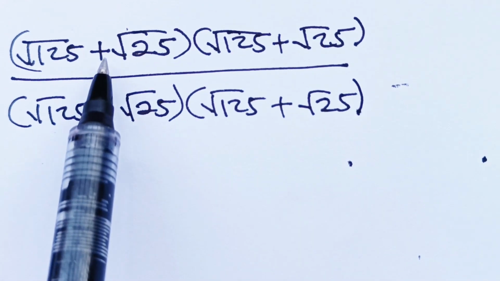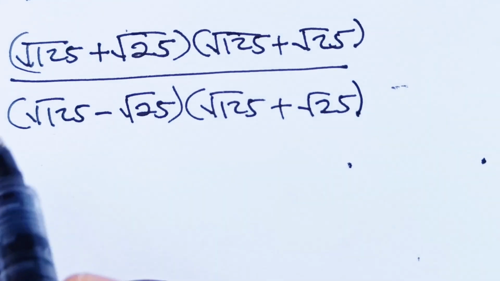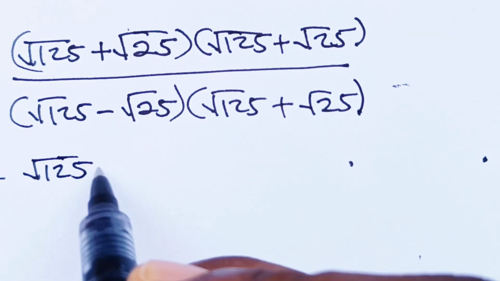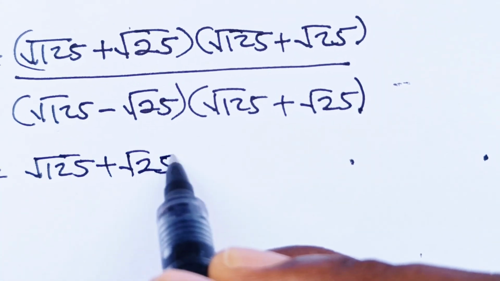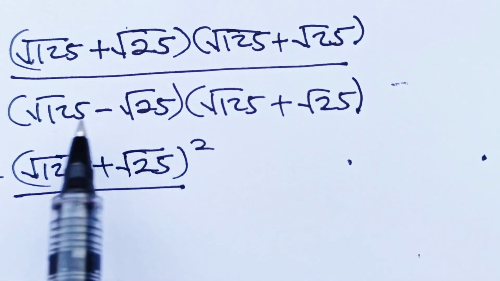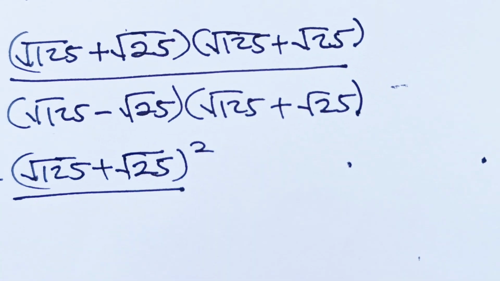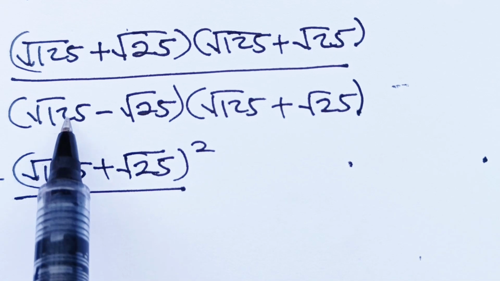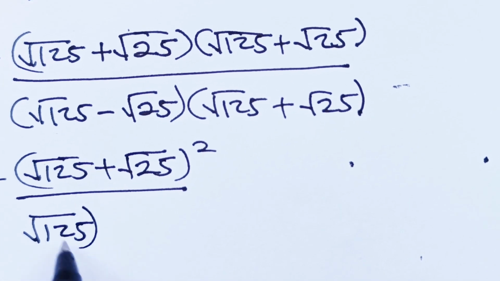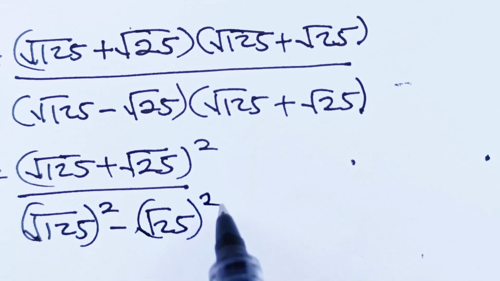Because when you look at this and this, notice that you have the same thing there. So we can rewrite the numerator as root 125 plus root 25 squared, divided by, now here we have difference of two squared, just like in the other example. So we are going to write a squared minus b squared. So it's going to be root 125 squared minus root 25 squared.